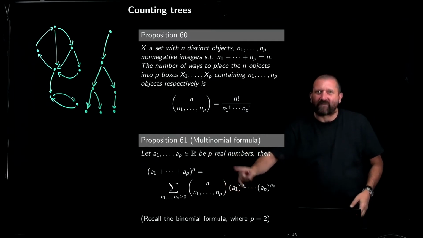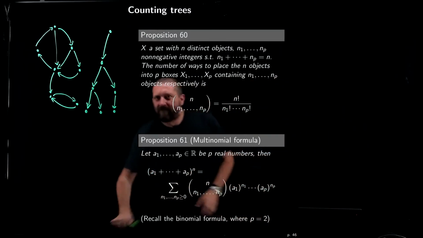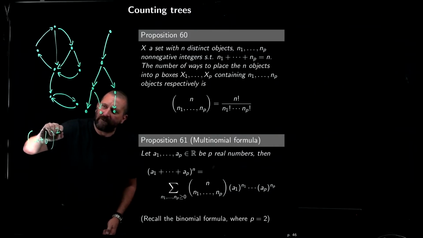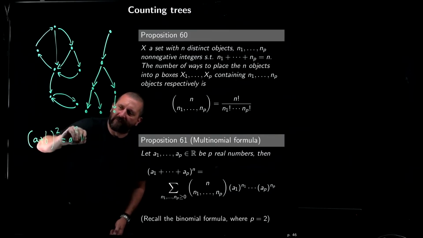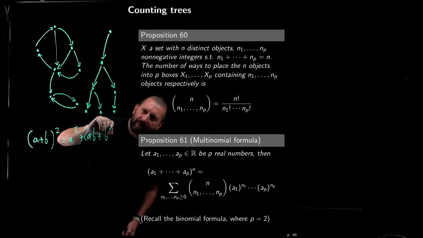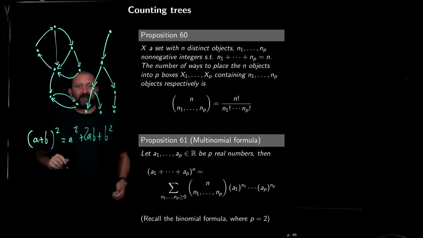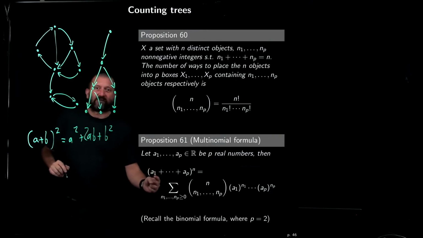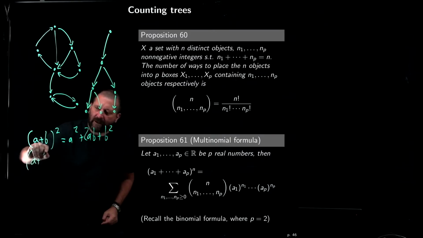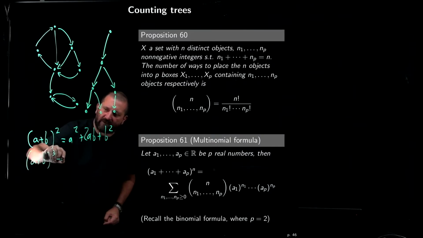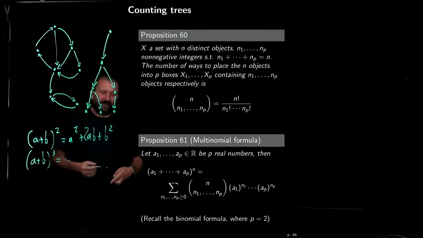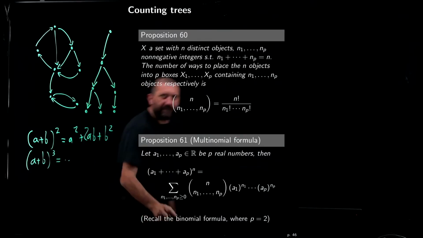The reason why a plus b squared expands to a squared plus 2ab plus b squared is because of that formula with just two boxes. And for instance, you probably have seen a plus b cubed. This is one of the classic uses of the binomial formula.